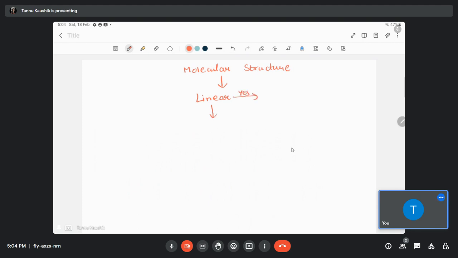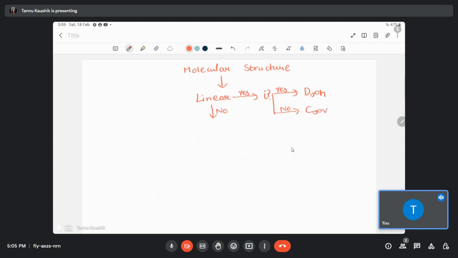If it is linear, then we will find out whether it has an inversion center. If yes, if an inversion center is present in that linear molecule, then it falls under D infinity h point group. If it doesn't have an inversion center, then it will have C infinity v point group.